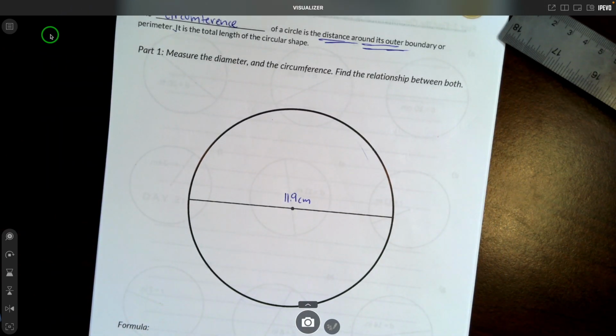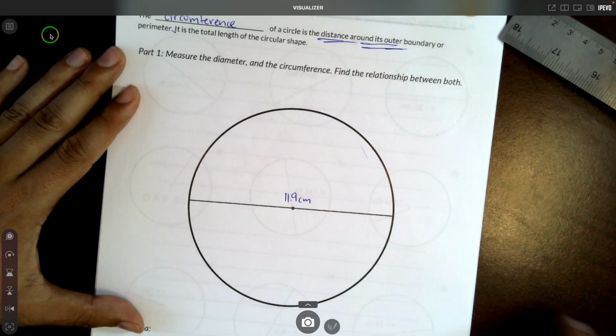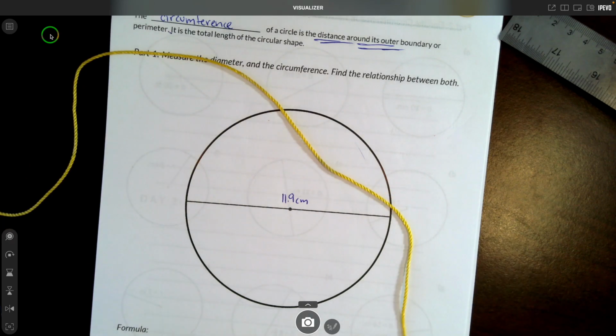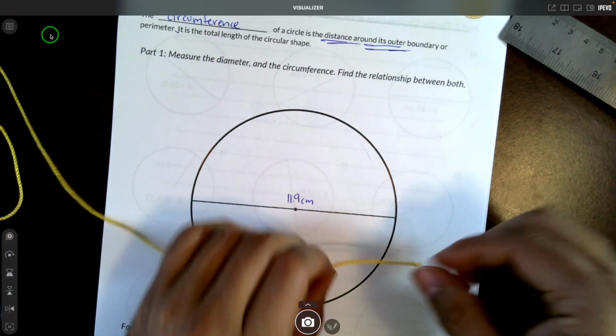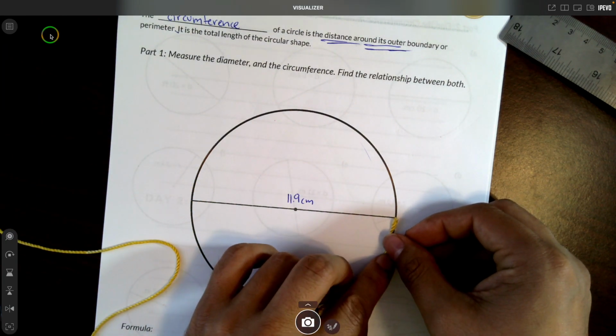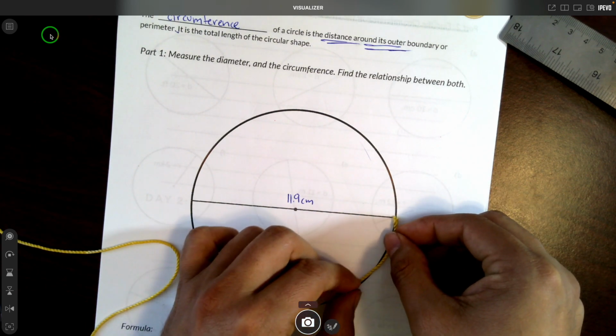Now, how am I going to measure the circumference? It's interesting, right? Well, all of you guys are getting some string. And what I want you to do is do your best to hold it around the circumference.